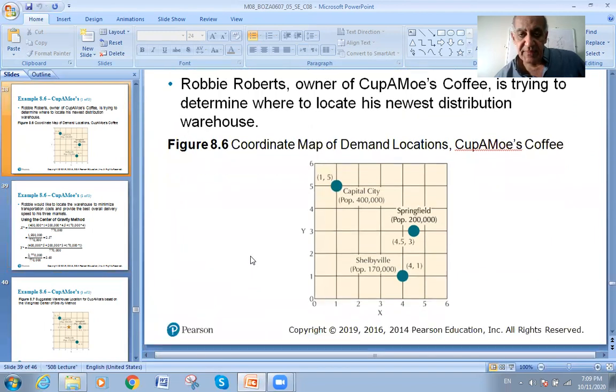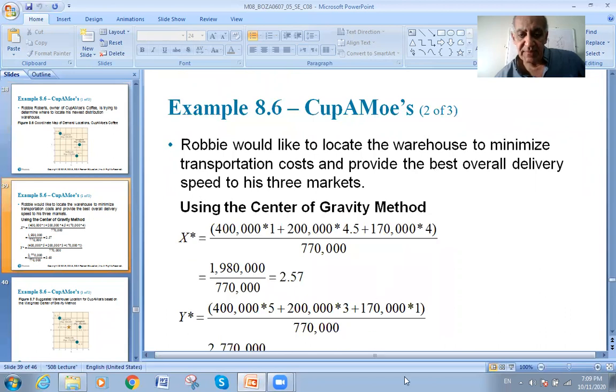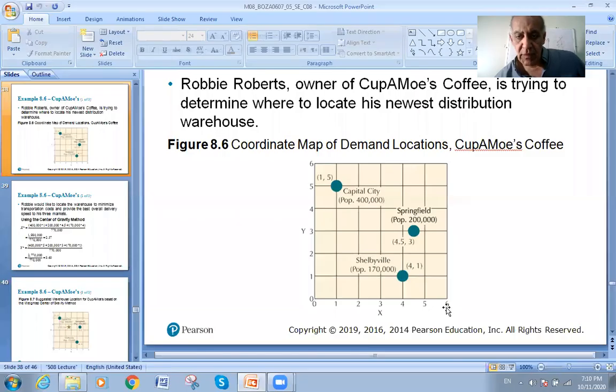This is another example. So these are the locations here. All I will do is take the number and multiply by the x. Then check out the numbers. 400 by 1, because here x is 1 and y is 5. Leave y for now, and let's work on x. 400 by 1, plus 200 by 4 and a half, plus 170 by 4.